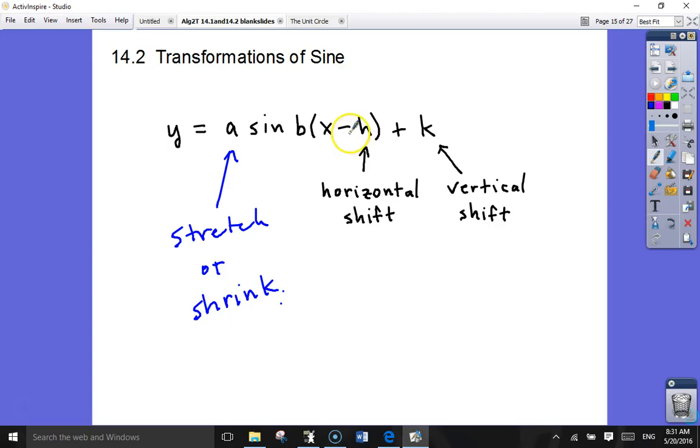If you add or subtract from the variable inside the function, that's horizontal. Plus means left, minus means right. So we have to add those 2 things to our graphs of sine and cosine. And we already have the stretch or the shrink. The other thing that we didn't deal with is we didn't have a negative. We talked about it, but we actually didn't flip it. What happens if the A is negative?